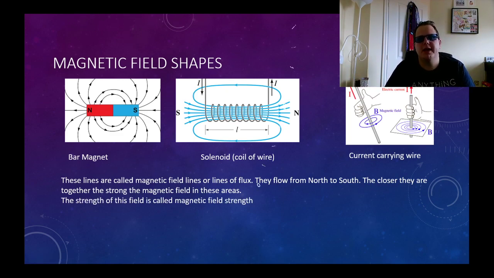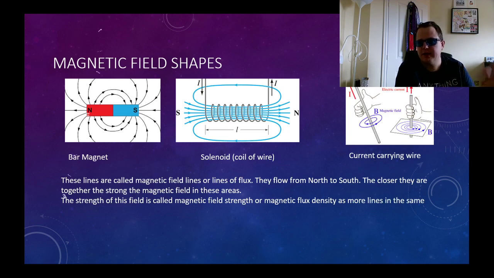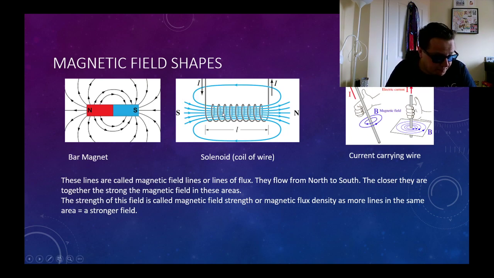Now, the strength of a magnetic field is called magnetic field strength, but it is also called magnetic flux density, because sometimes these lines are called flux lines, lines of flux. We've just said the closer they are, the stronger the field. So it's called magnetic flux density because more lines in the same area equals a stronger field.